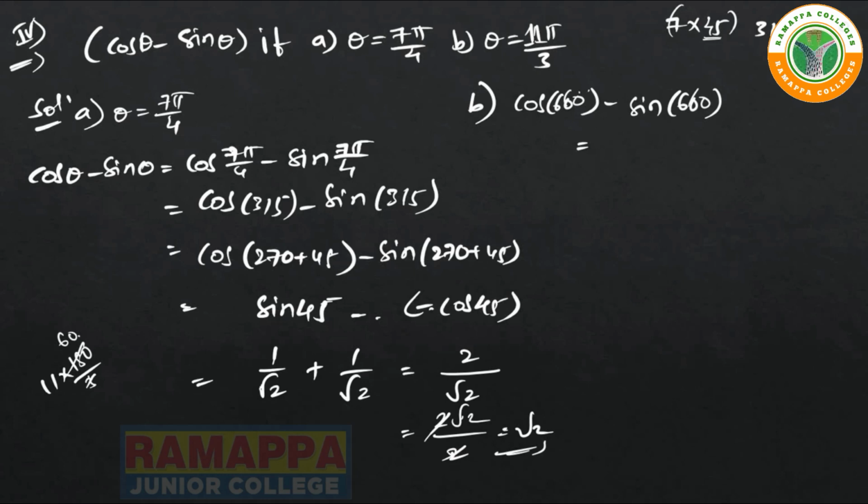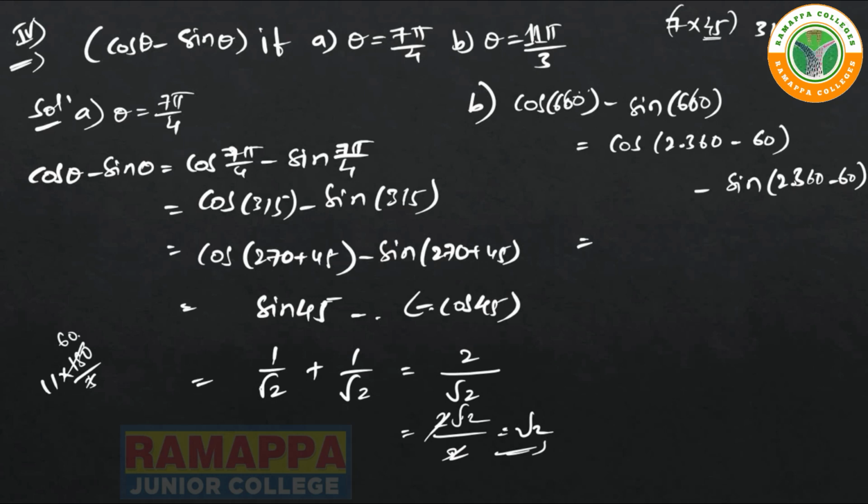Cos of 660 is equal to how much? We can write it as cos of 2 into 360 minus 60, and also minus sin of 2 into 360 minus 60. What is the formula?